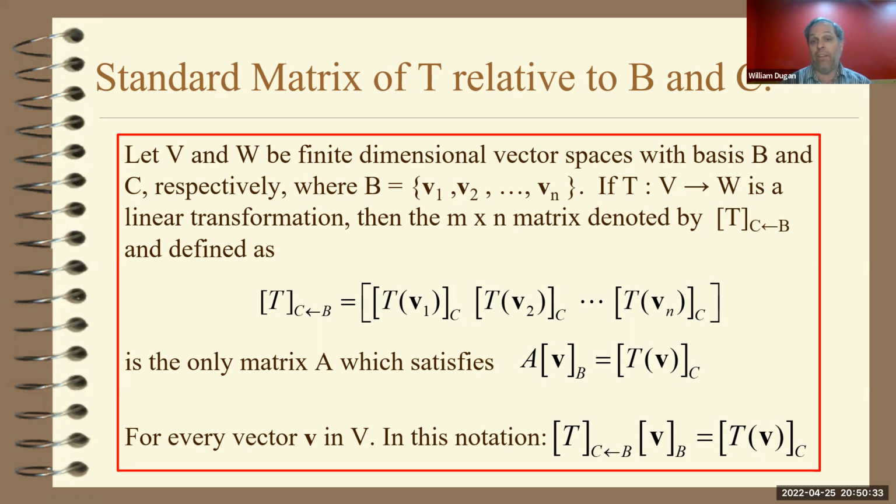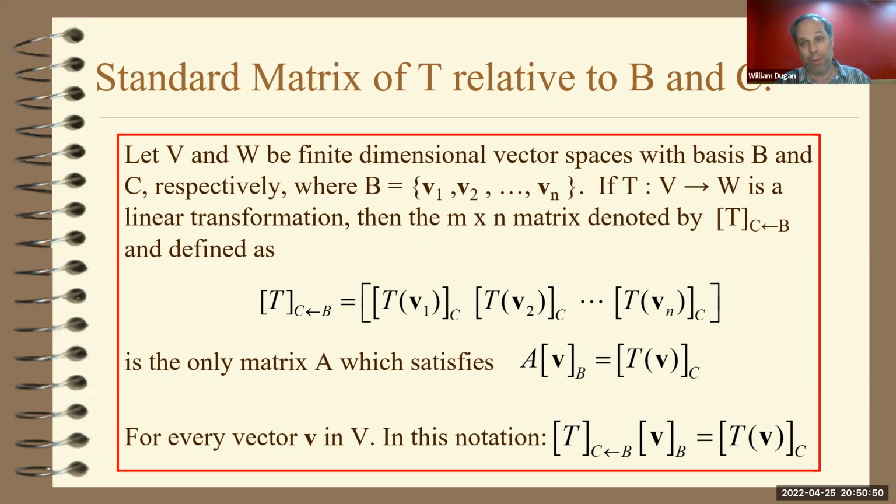We denote this as T with a box around it, where we have the notation in the lower right-hand corner of B goes to C. You say that is the matrix of T with respect to the bases B and C.